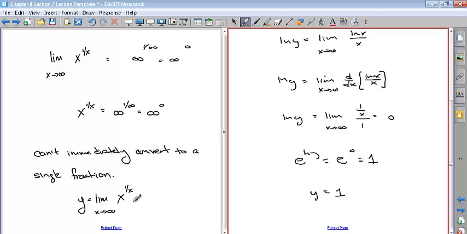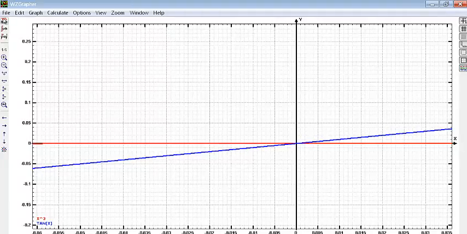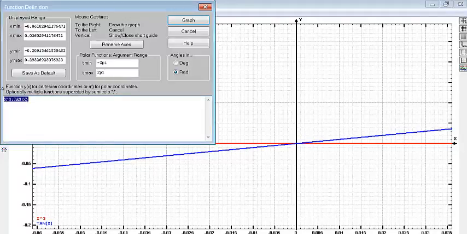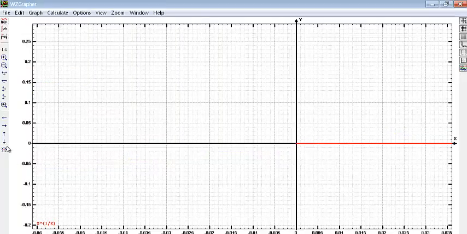So that number should approach 1. So let's just check it out. This is one that I won't put on the test, but it does give you an idea. So what I want is to plot x to the 1 over x power. So we graph that, and this is as x goes to infinity.